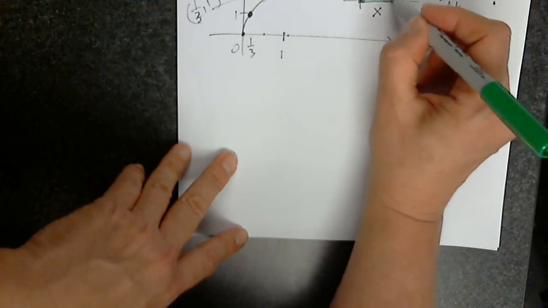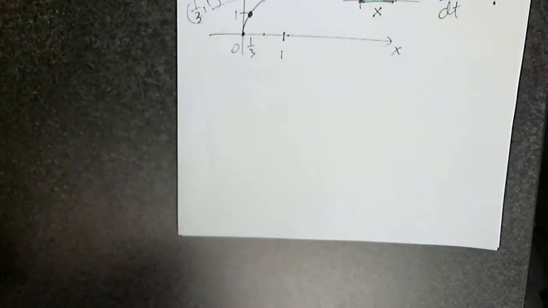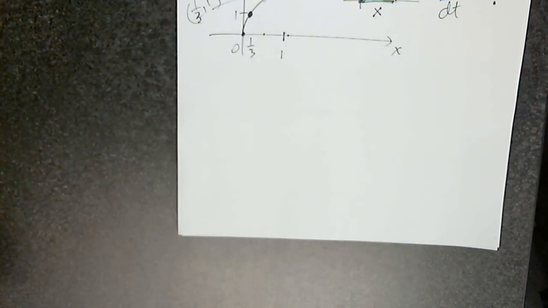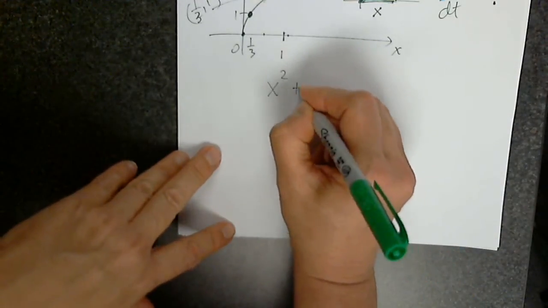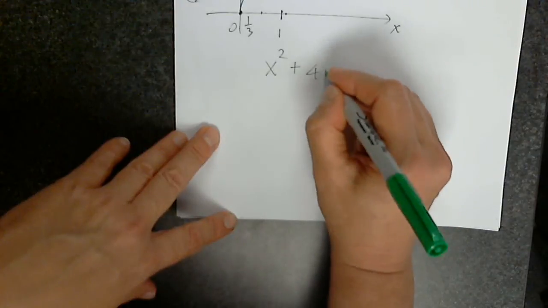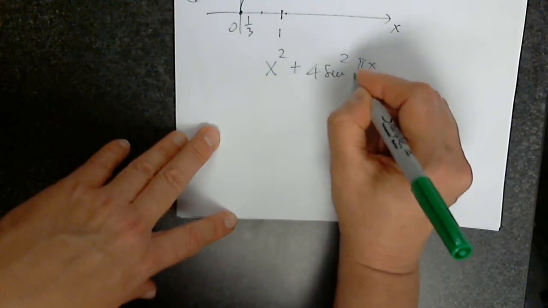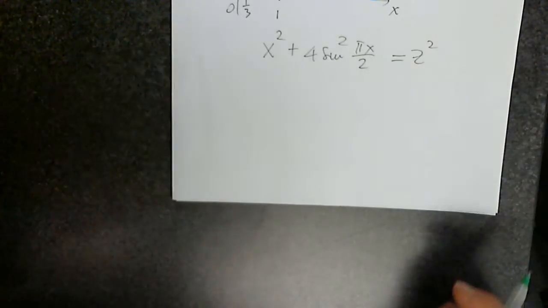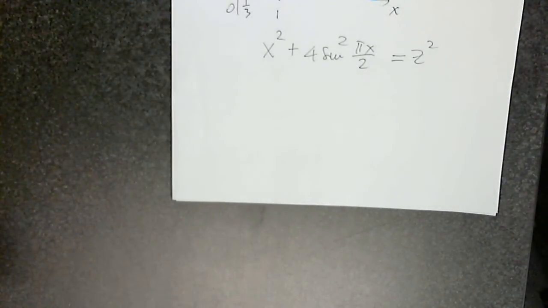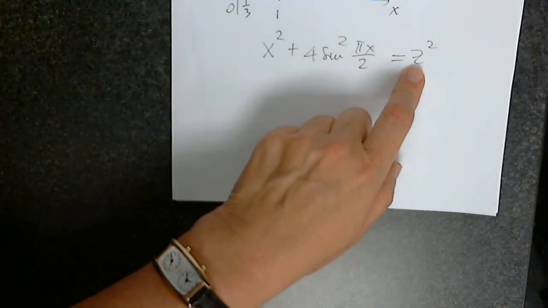So can anyone apply the Pythagorean theorem in this right triangle? x squared plus 4 sine squared pi x over 2 must equal z squared. Very good.